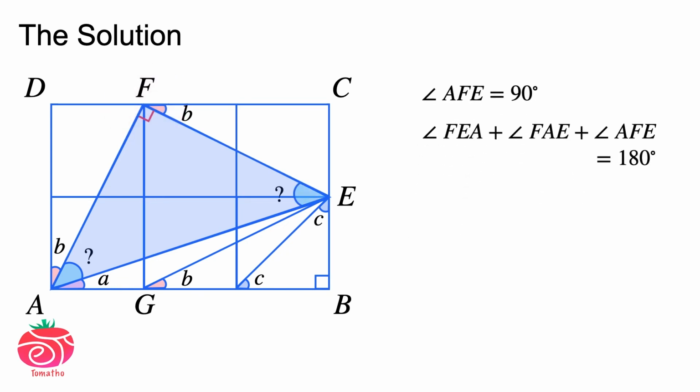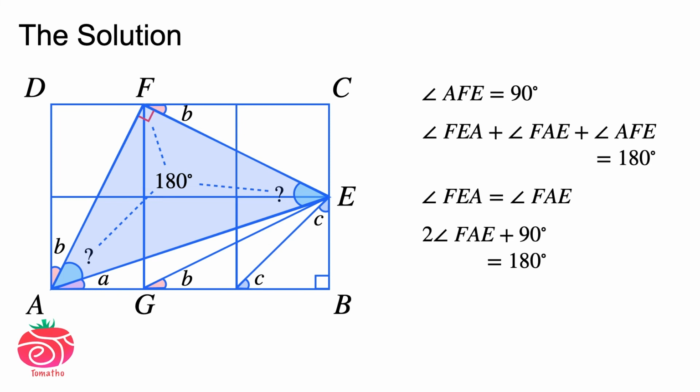Now, since the triangle AFE is an isosceles triangle, and we know that the sum of all angles in the triangle is 180, we can write it as follows. Since FEA equals FAE, we have 2 times FAE plus 90 degrees equals 180 degrees. Thus, angle FAE equals 45 degrees.